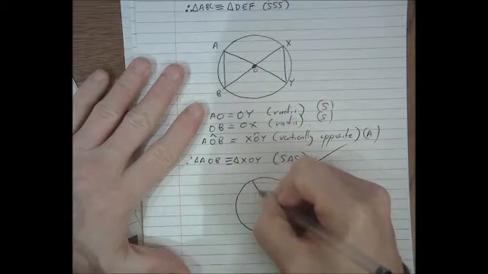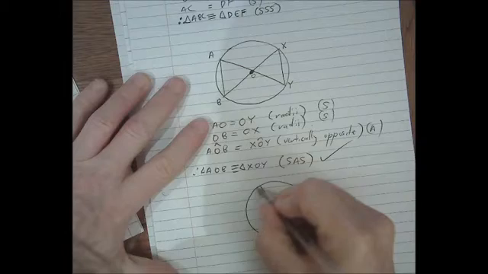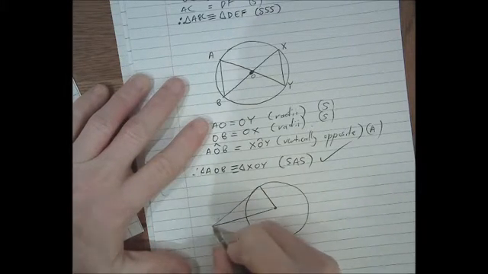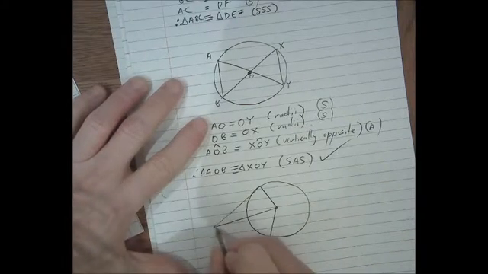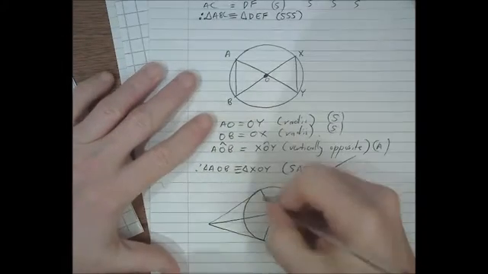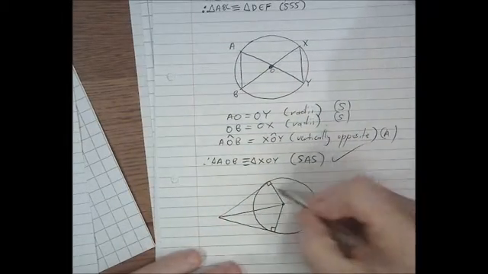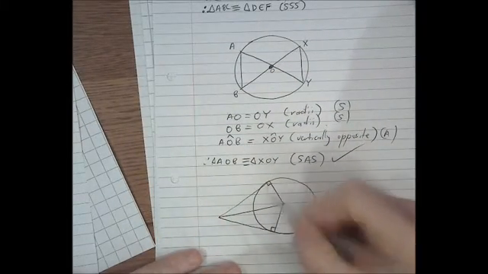I'm going to prove that this triangle here is congruent to this triangle here. Okay, now I just drew in right angle symbols there.